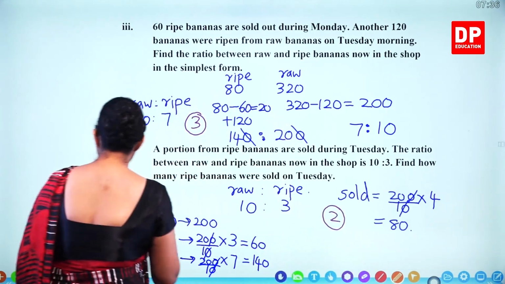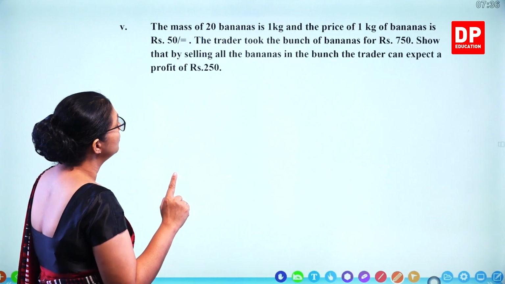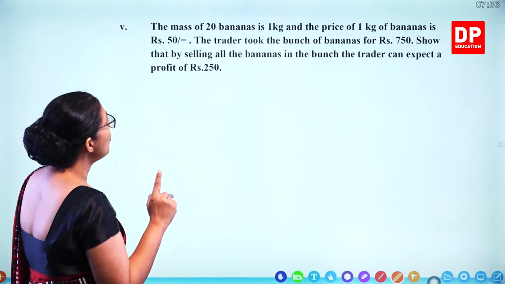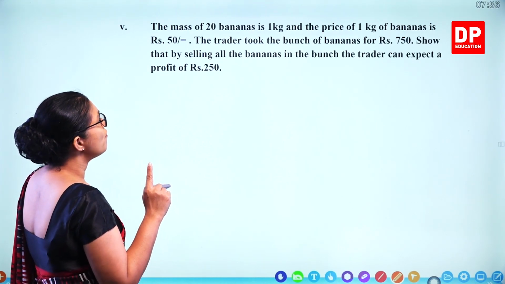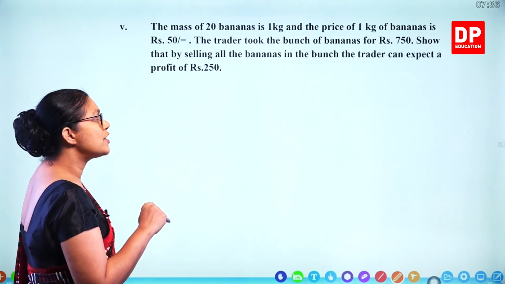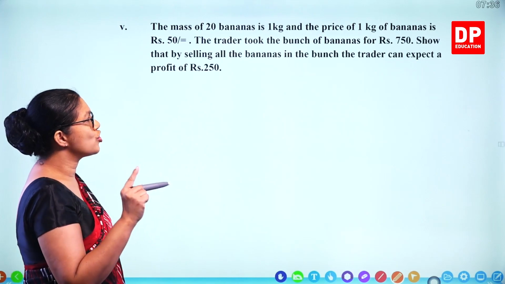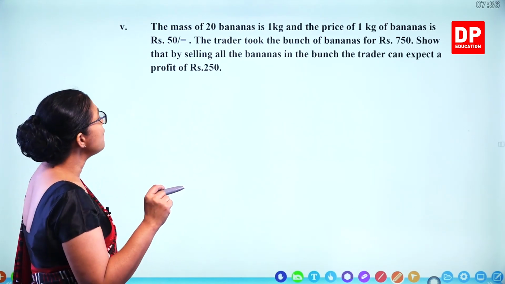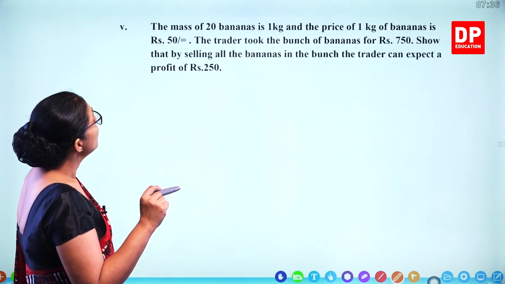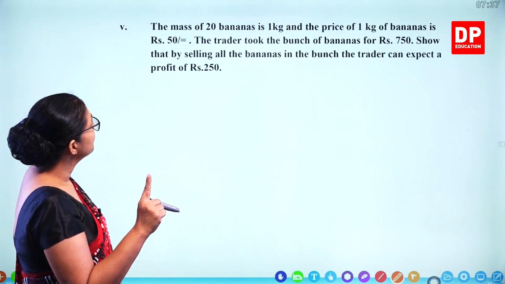And the last part, the mass of 20 bananas is 1 kilo. And the price of 1 kilo of bananas is 50 rupees. The trader took the bunch of bananas for 750 and showed that by selling all the bananas in the bunch, the trader can expect a profit of 250 rupees. So we need to find out what's the selling price.